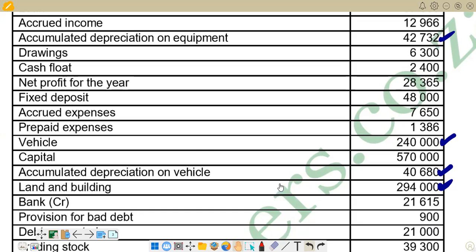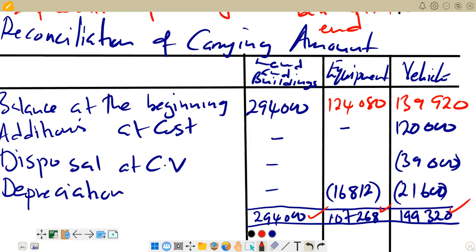So we can just indicate here, our debtors are 21,000. Then after inputting our debtors, we are also supposed to subtract the balance for provision for bad debt for that year. We've got provision for bad debt here, which is 900. So we are going to take 1,000 and subtract 900 so that we get our net debtors figure. So we can go there and just put those figures.